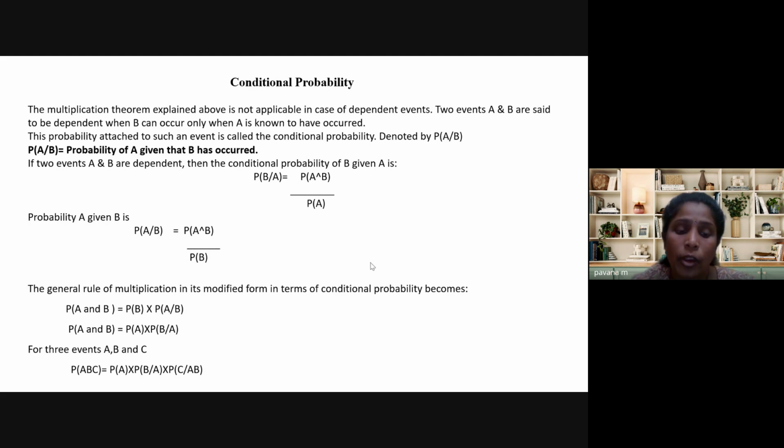That's why P of B by A into P of C by AB. In the third situation, A has happened and B has already happened. That's why you are taking P of C by AB. So the formula for P of A, B, C is P of A into P of B by A into P of C by AB.